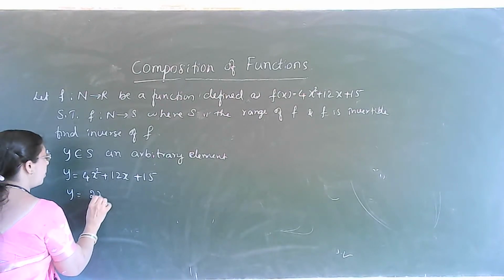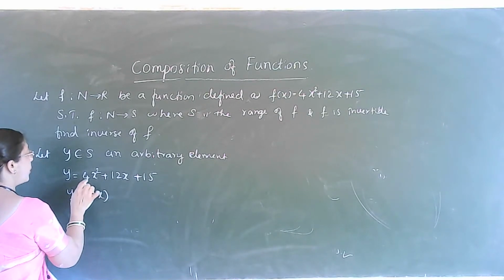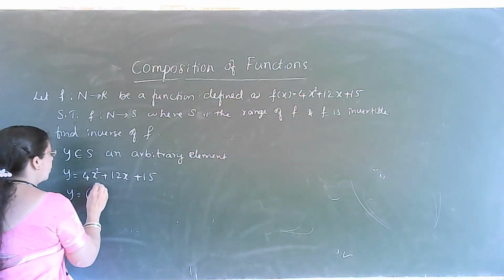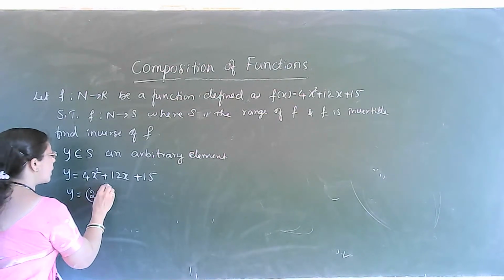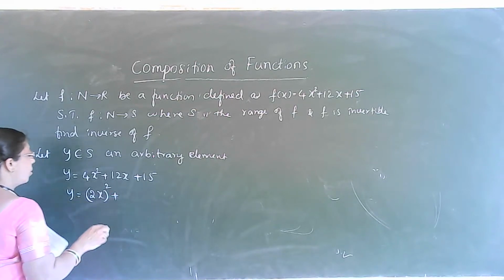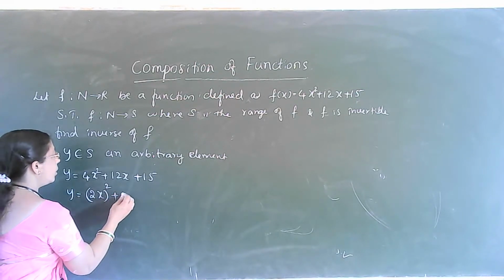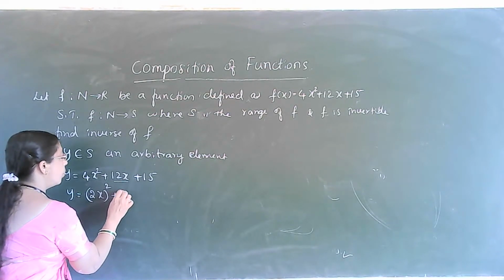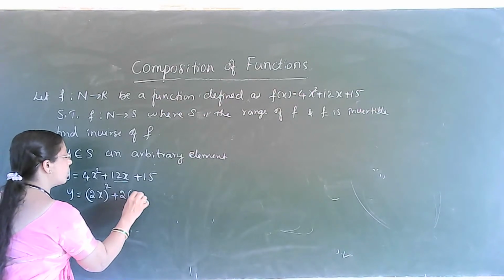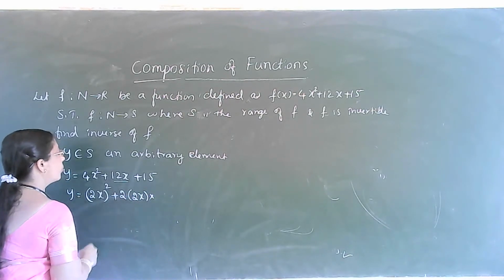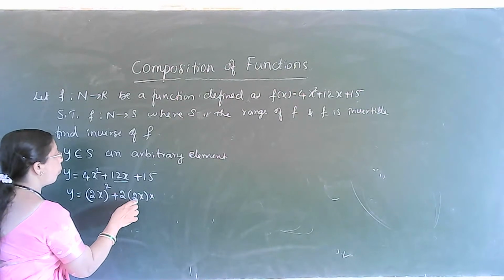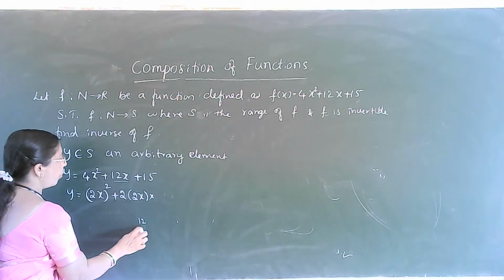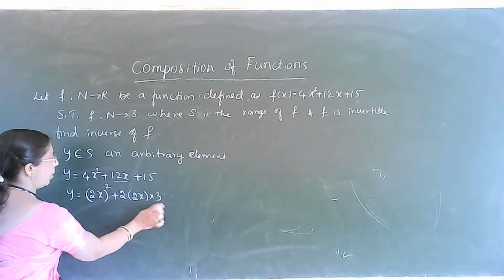I make a perfect square. The first element: 4x square is there, so (2x) square. Then the second element is 2 into 2x into 3, since 2 into 2 is 4 and 4 into 3 is 12.